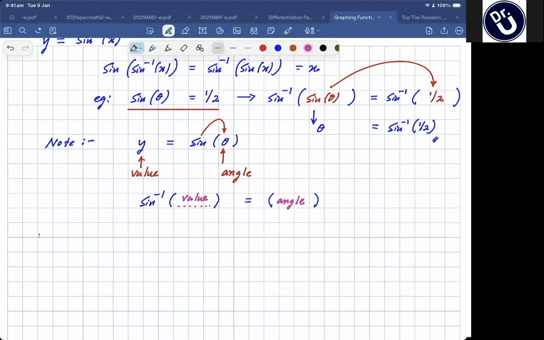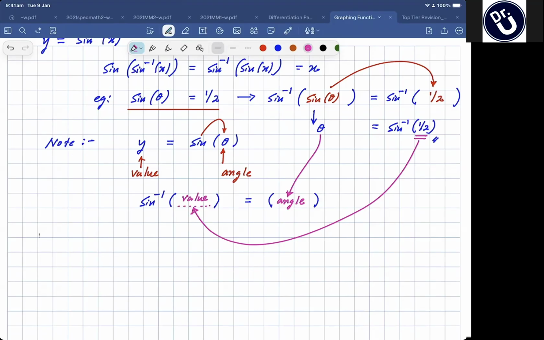Okay? Very important to understand. See, you put a value here, and the output is an angle. Right? So this you have to understand.